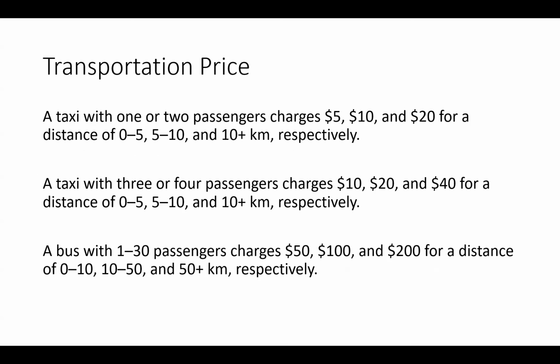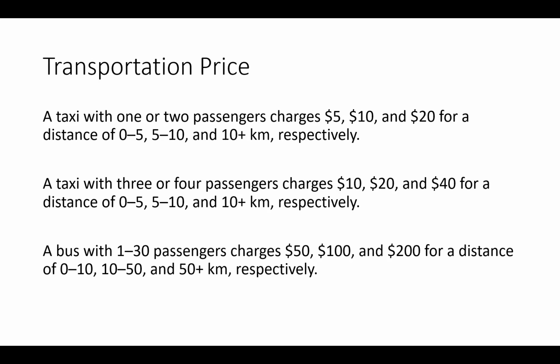If the taxi has one or two passengers, it charges $5, $10, and $20 for a distance of 0 to 5, 5 to 10, and 10 plus kilometers. The taxi with 3 or 4 passengers charges $10, $20, and $40 for a distance of 0 to 5, 5 to 10, and 10 plus kilometers respectively.